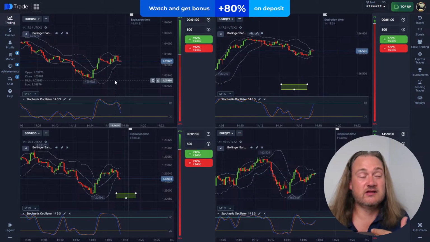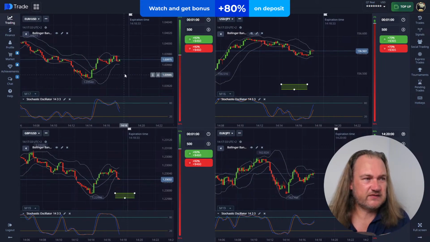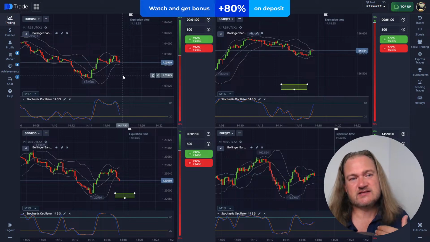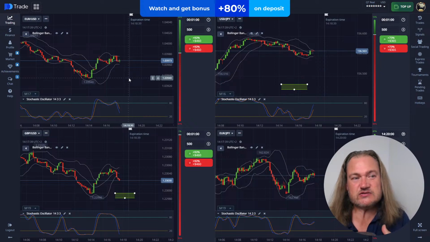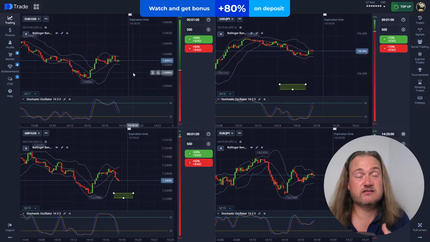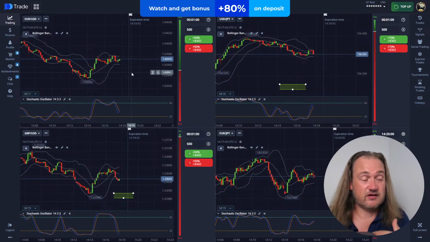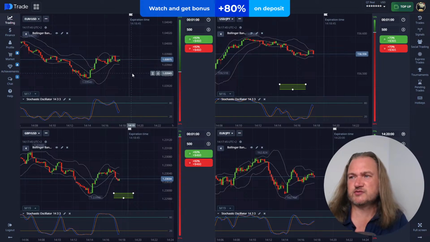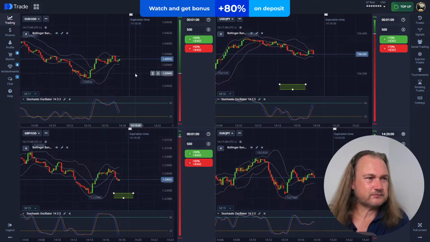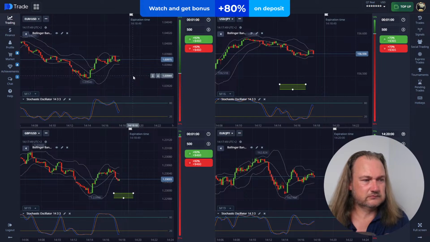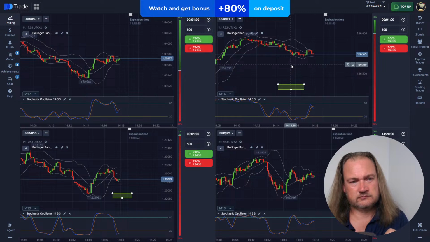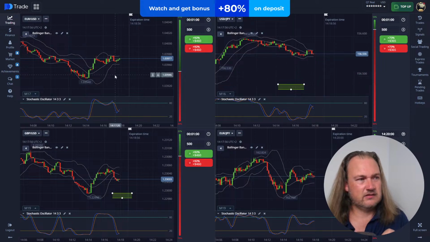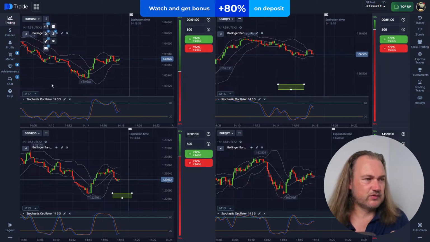I really would love if the market gives us a decent example of this jump, because like I said, it is my second favorite strategy that I use, especially for trading options. But sometimes the market just doesn't want to play along.